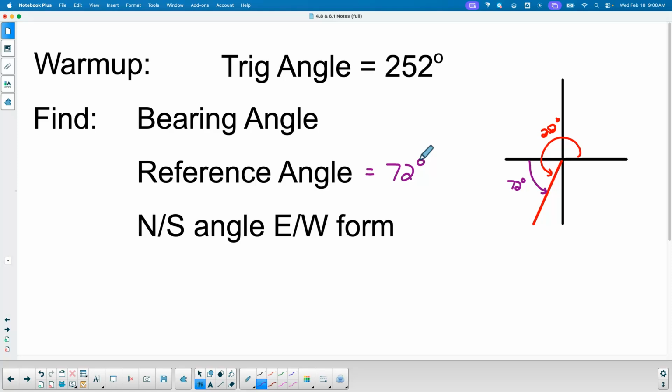If that's 72 degrees, then this angle here would be 198 degrees. That would be my bearing angle. And this angle here would be 18 degrees, which would be south 18 degrees west.